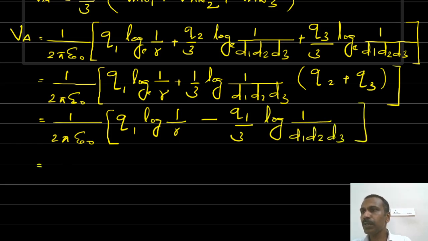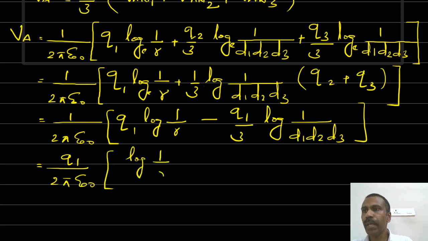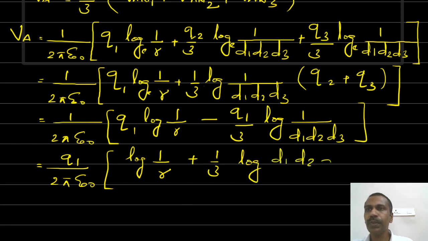Again we can factor out Q1. This is Q1 divided by 2 pi epsilon 0 into log 1 by R, and minus log 1 by D. What is minus log 1 by D? It is log D. Plus 1 by 3 log D1, D2, D3.